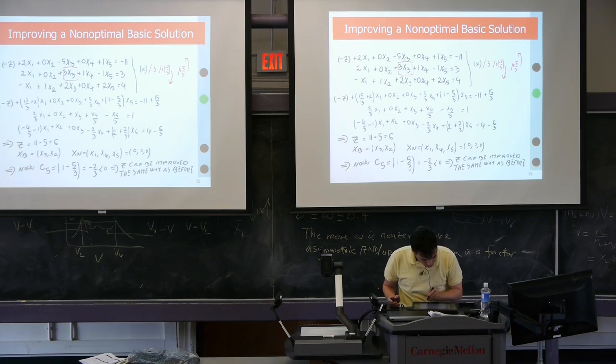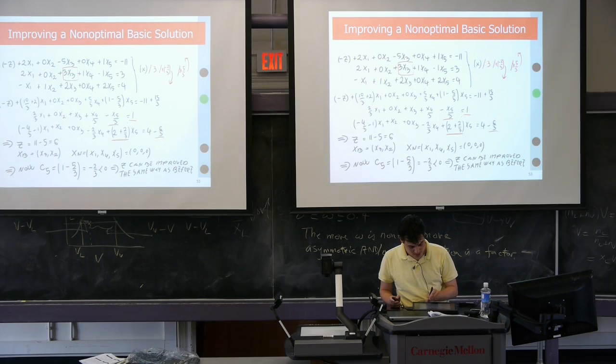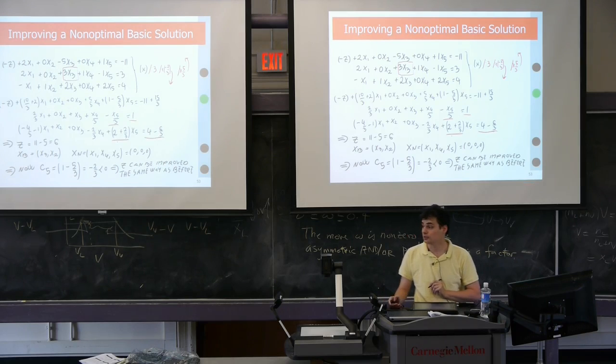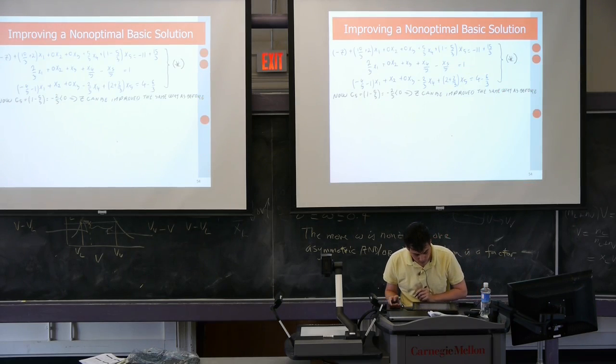We can again check if there's a negative relative cost factor, and we can see that c5 is negative. So we need to make a pivot again, either here or here. We do the same thing: we compare the ratios of this value divided by this value. This is what I just did here.